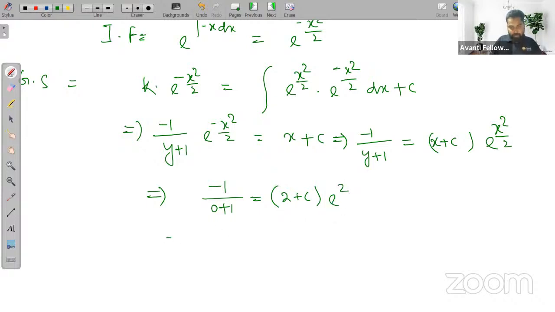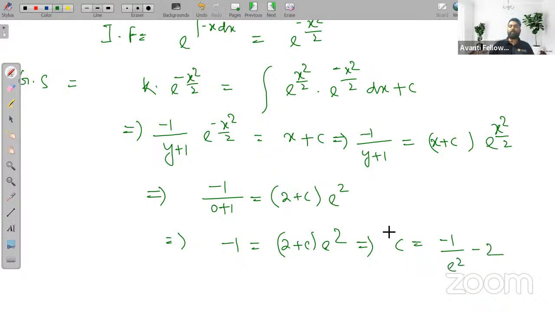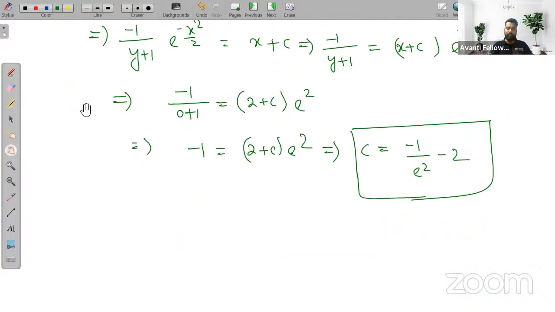So finally, what we are getting, minus 1 is equal to 2 plus c into e square, right? So from here, by solving, we are getting c is equal to minus 1 upon e square minus 2.